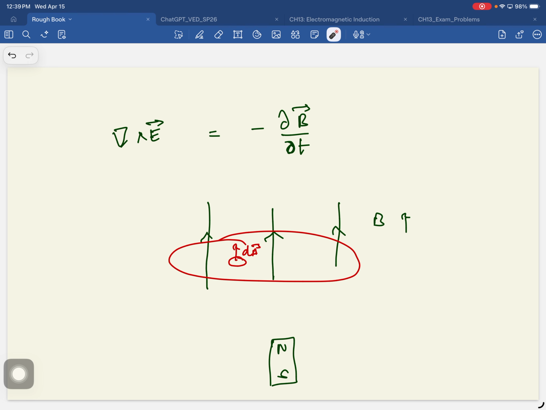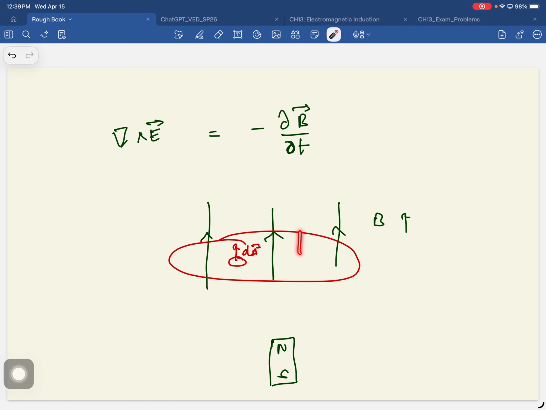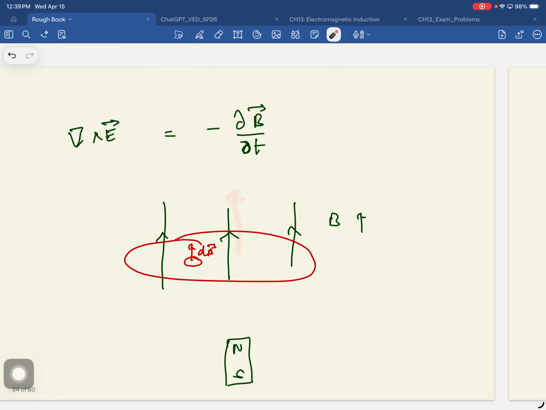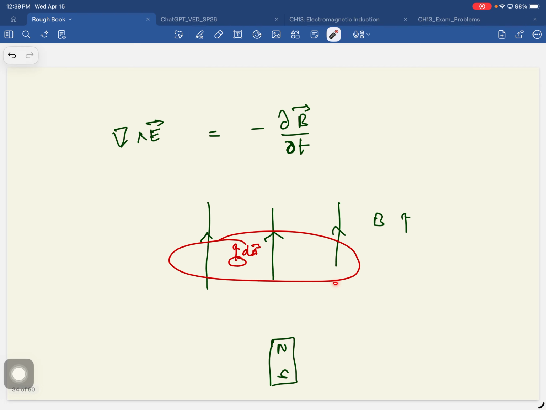Mr. Stokes tells you that the sense in which you go around when you do the line integral is, if your thumb is pointing in the direction of the surface integral, then you take the line integral in this sense. So that's what we did. We did the surface integral in this sense, but because of this negative sign, you have to go in the line integral in this direction.